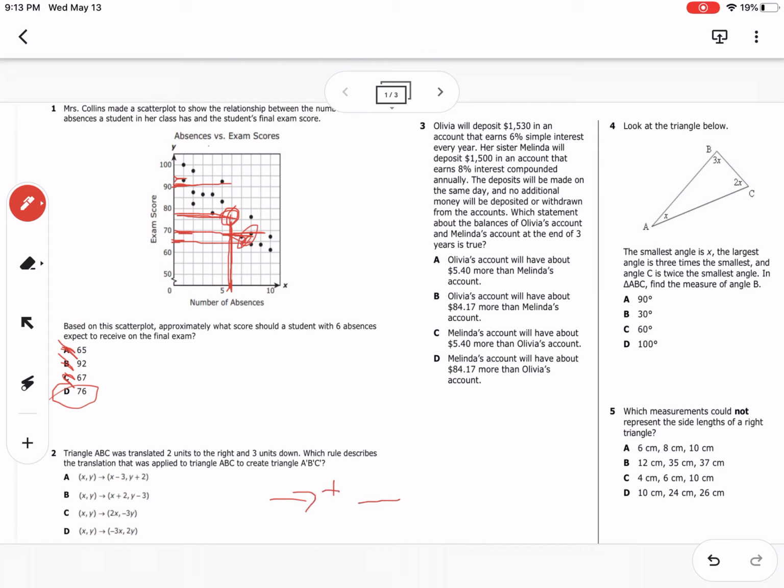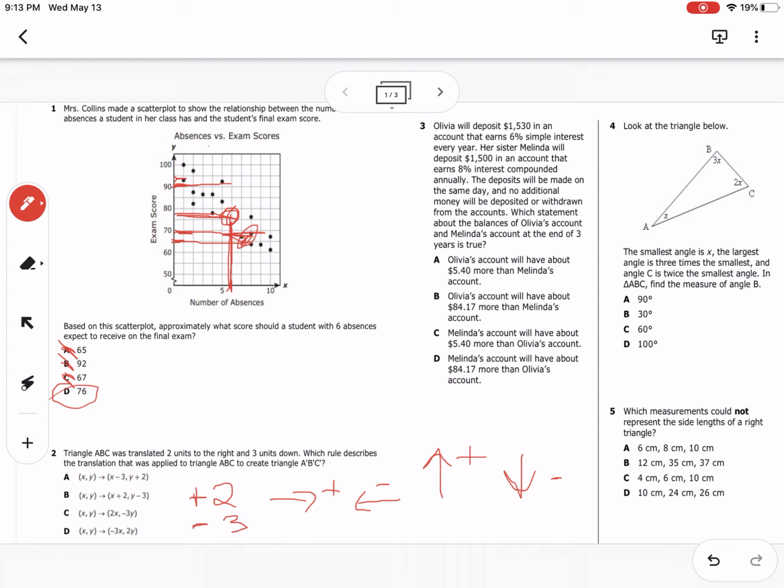Whenever we move to the left, it's a negative. Whenever we go up, it's a positive. Whenever we go down, it is a negative. So it was translated 2 units to the right, so we have a positive 2 here, right? Because we moved it to the right. And then 3 units down. Whenever we go down, we have a negative. So it's a negative 3.